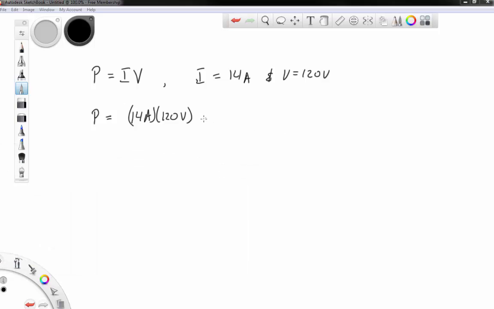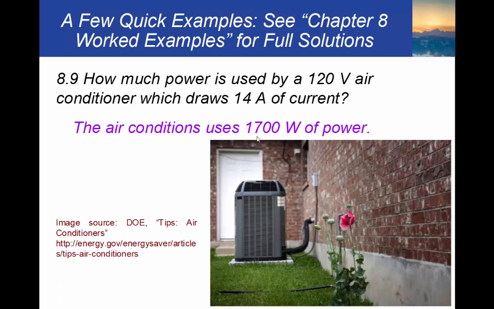So 1,680 watts. Now, with that said, we only have two significant figures to work with, so we should round this to 1,700 watts of power. That's how much power is needed by this air conditioner.